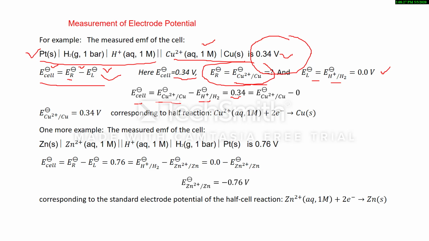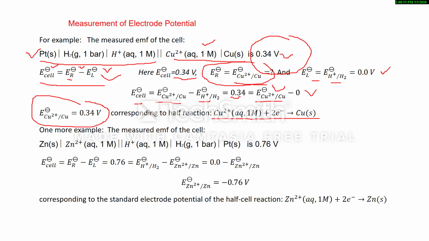Put in the value: E cell is 0.34, so 0.34 is equal to the electrode potential of copper minus 0. Finally, the standard electrode potential of the copper electrode is 0.34 volt, and this corresponds to this reaction. Is it clear? In this way we can determine the electrode potential of the copper electrode.